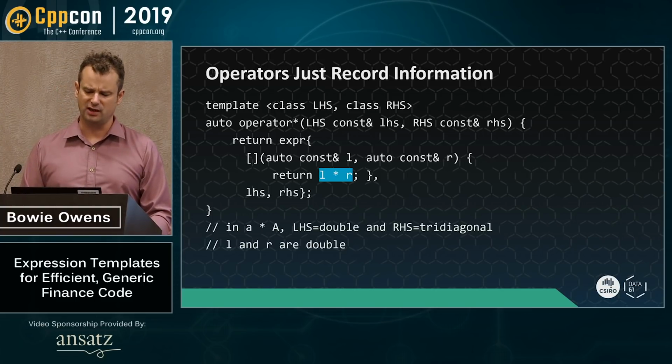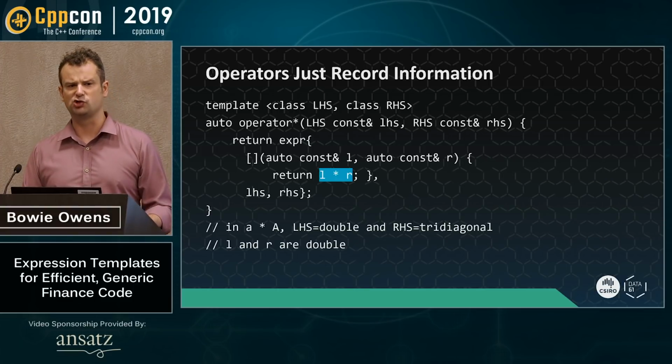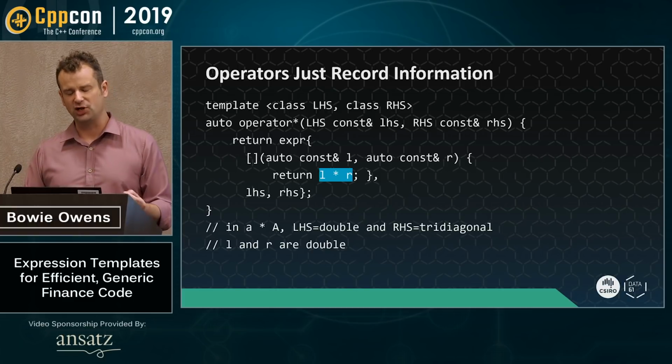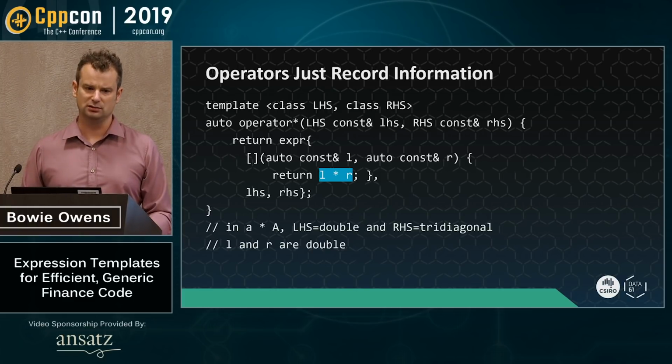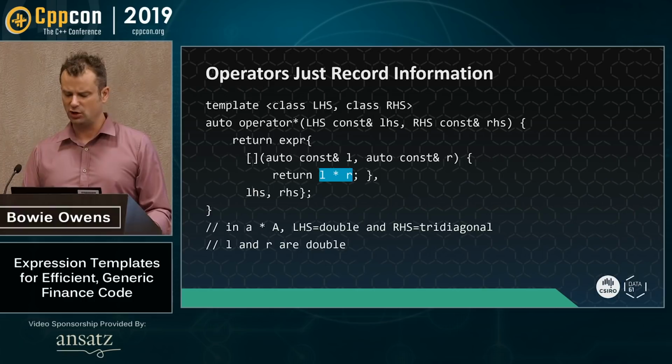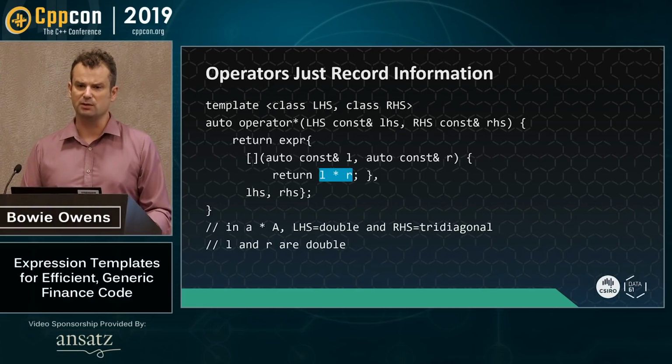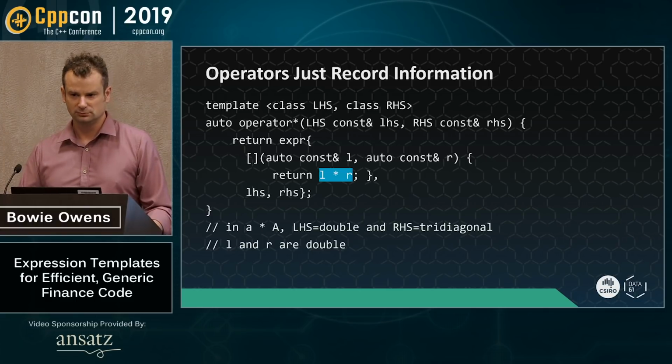This allows the code to work correctly when L and R are, say, strongly typed distances, and therefore L times R would be an area. Getting this to work without return type deduction in the past was somewhere between miserable and impossible.